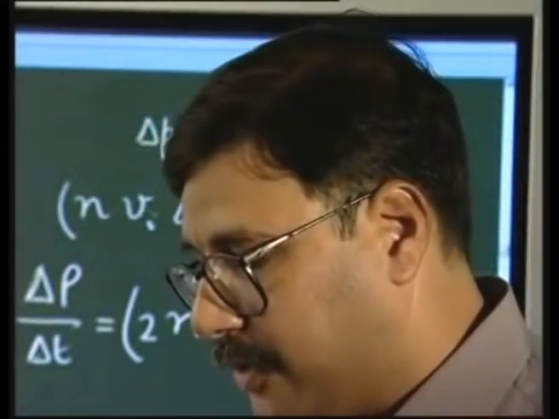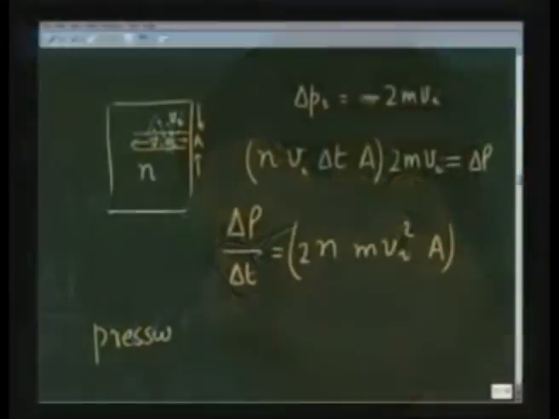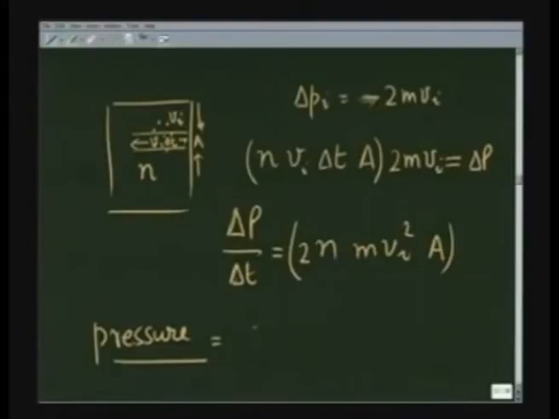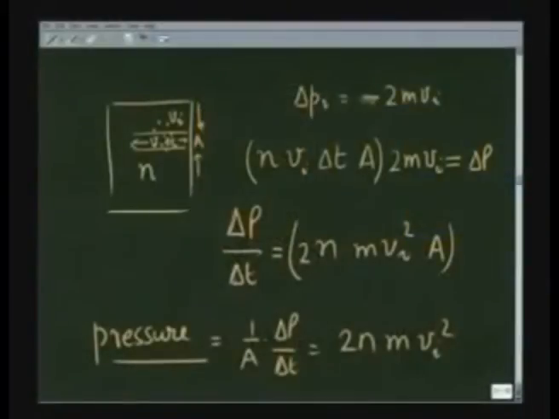If I were to calculate the pressure, this would be equal to 1 over area times the force, which is going to be 2 times the density n m v i square.